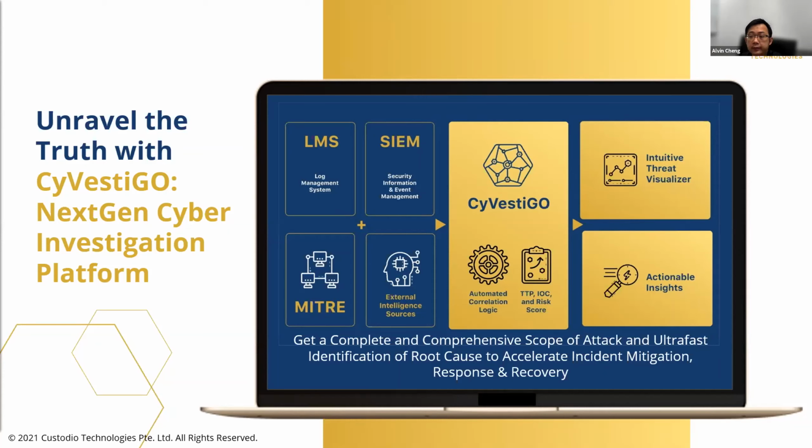Okay, Cyvestigo has built-in capabilities to detect tactics, techniques, and procedures, TTPs, mentioned by MITRE, or indicators of compromise, which we call IOCs, mentioned or even provided by cyber threat intelligence platforms out there. Okay, TTPs in layman's terms means how the adversaries behave during the attack lifecycle.